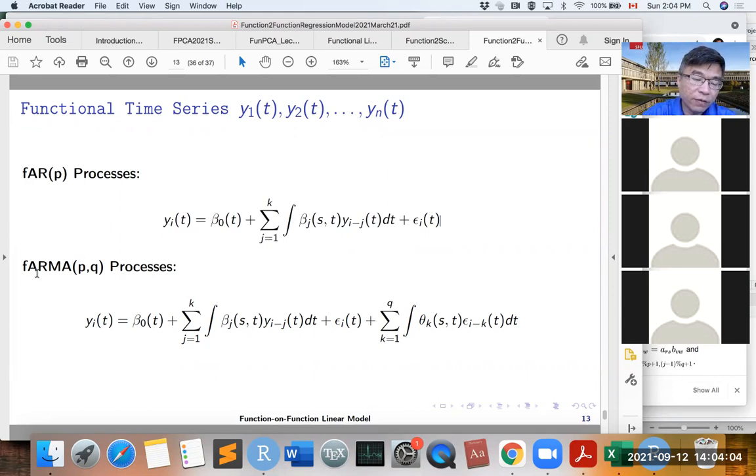We can also do the functional ARMA model, and in that case it will also be very close: we treat Y_{i,t-j} as the predictor and Y_it as the response, and then we will have these functional ARMA models. This area is relatively new, and I think there will be a lot of open problems here.